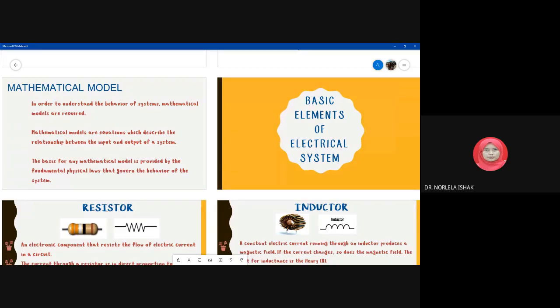Who can give the answer? What is Newton's law? What's the formula for Newton's law?